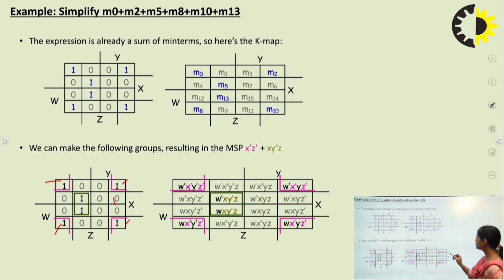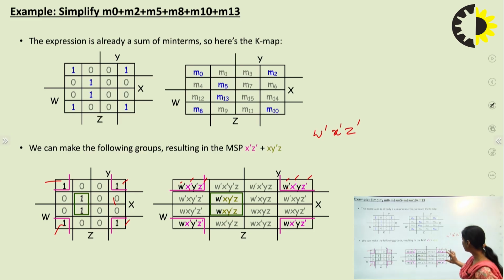The common literals would be W complement, that is 1, x complement, that is the other one, and z complement, that is the next one. So from this, we get W complement, x complement, z complement. Sorry, this is from these two.